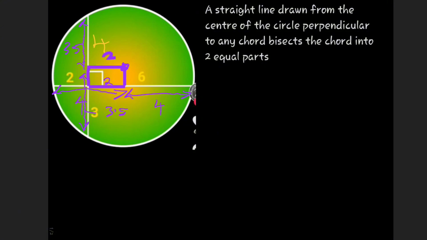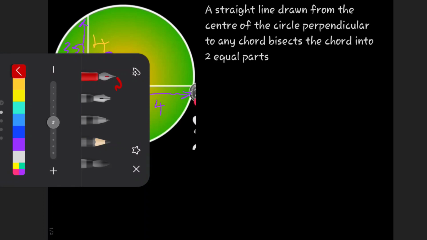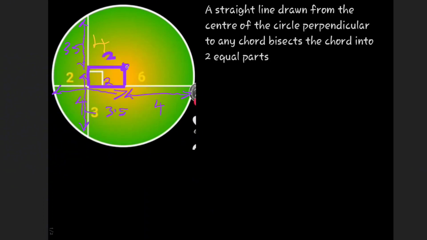Moving on, remember that radius is a line drawn from the center of the circle to any point, so I can also draw my radius from the center here to a point on the circle. My radius drawn from here to this point. That line is also my radius.